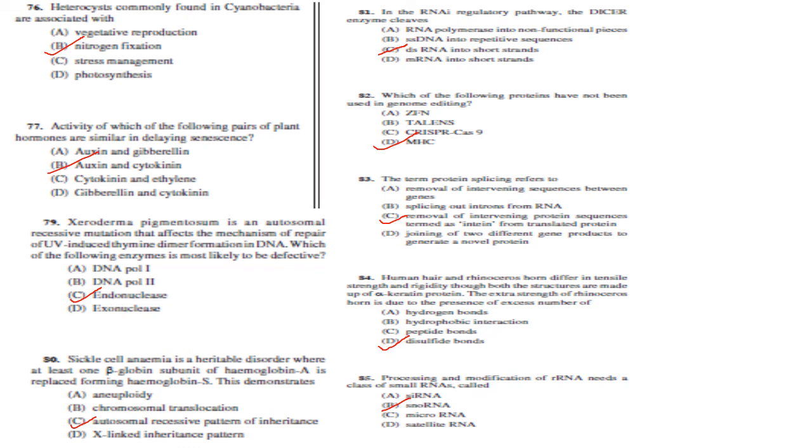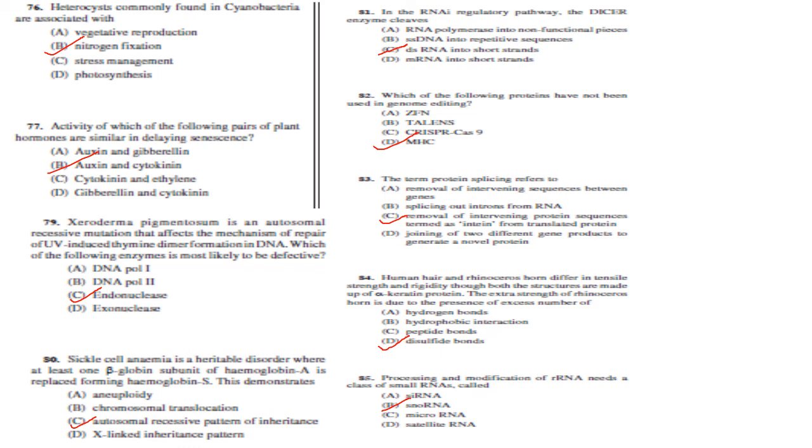Then next one. Which of the following proteins have not been used in genome editing? Genome editing, or gene editing, or genome engineering, is a type of genetic engineering in which DNA is either inserted, deleted, modified or replaced in the genome of an organism.